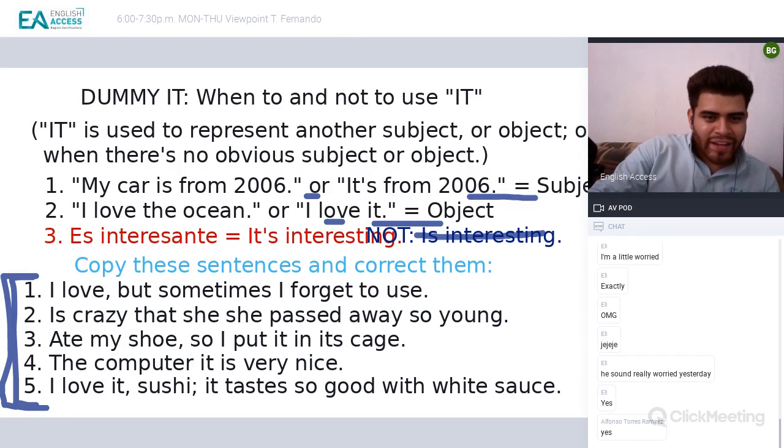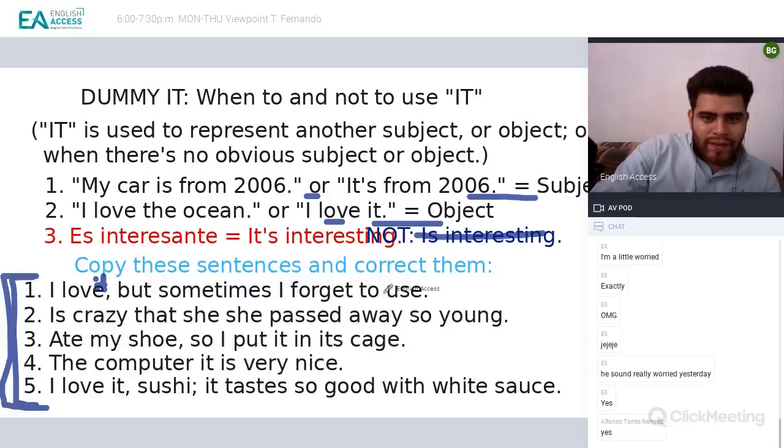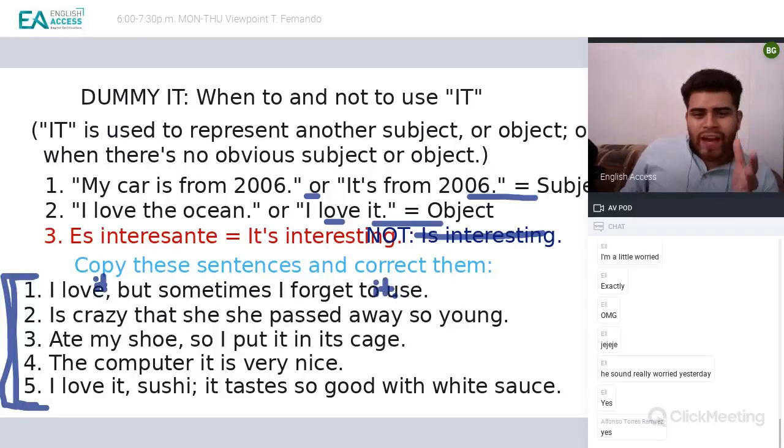Very good. Yes. All right, so let me mark that. I love it, but sometimes I forget to use it. Very good. Thanks. All right, guys, if you didn't have this, please write this down.